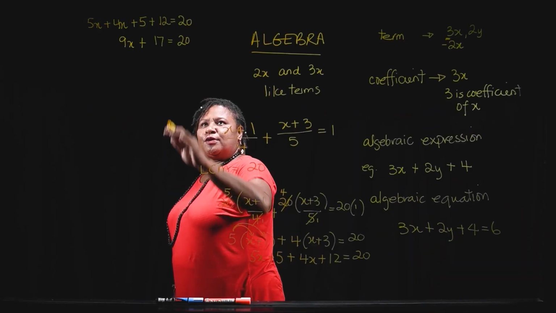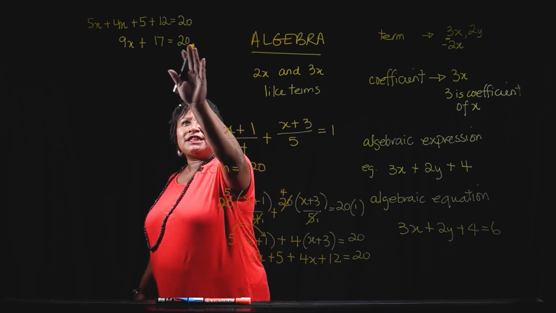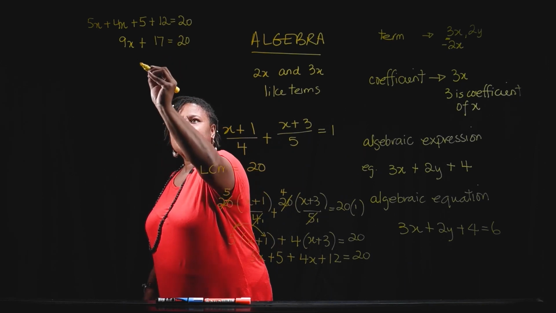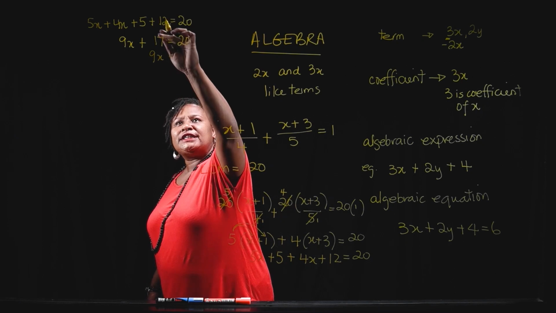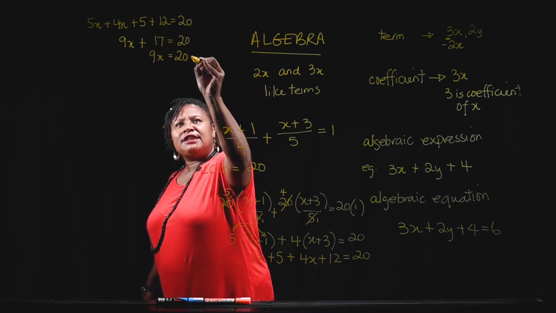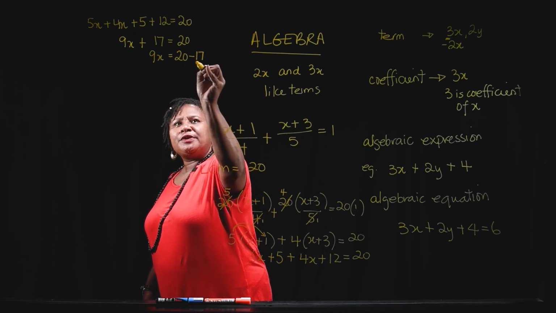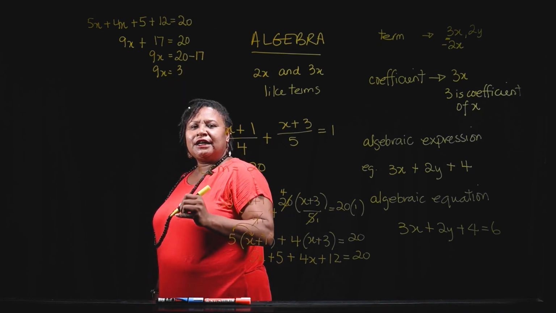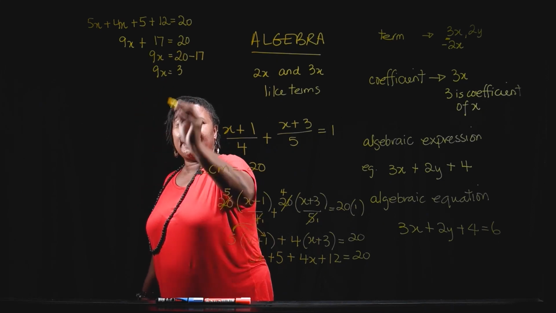Okay? So once we have this equation, we are going to bring 17 across so that we can find the value of x. So 9x is equal to, we're taking 17 across, so we subtract 20 minus 17. All right? So we have 9x equal to 3 remaining here. To find the value of x, we are going to divide by 9.